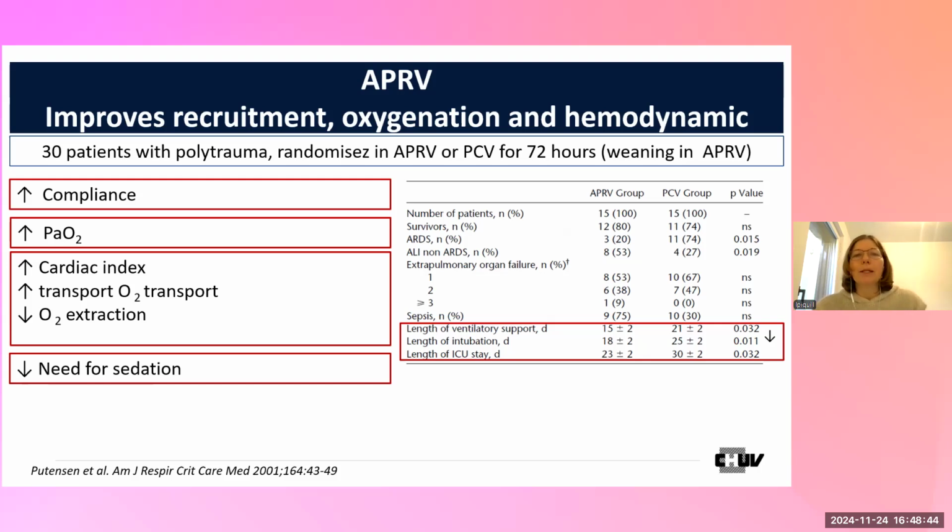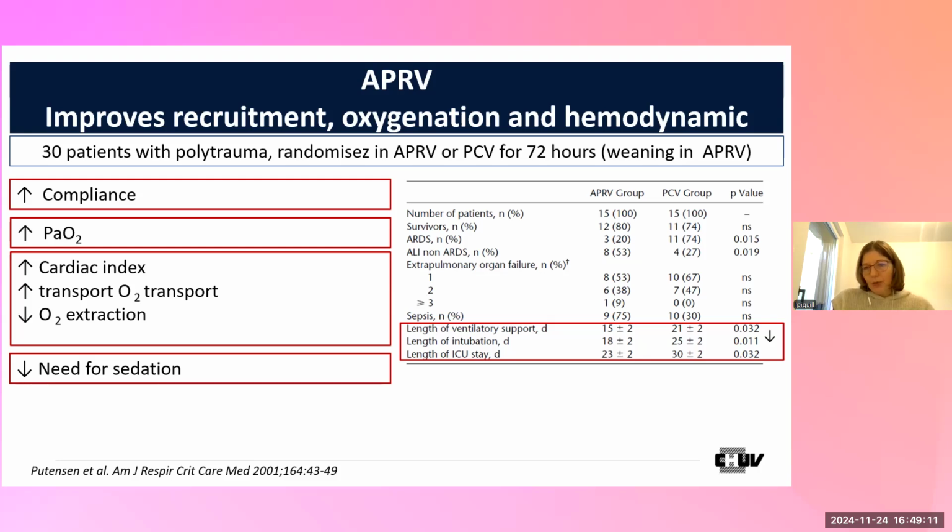They were randomized to APRV or pressure-controlled ventilation. And again, with APRV, compliance was better, oxygenation was better, cardiac index was improved, oxygen transport was improved, and oxygen extraction was reduced. And interestingly, there was also less need for sedation in the APRV group in this study.